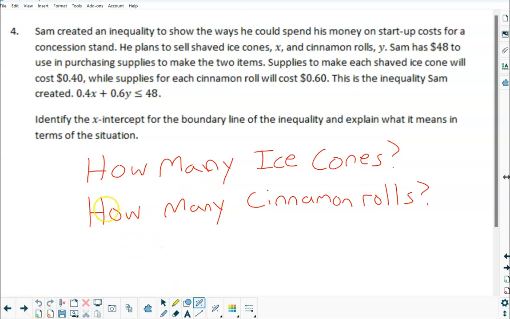Can you figure out how many ice cream cones it is, how many cinnamon rolls it is? So I'm going to pause here a minute and give you a chance to write down what you think it means.